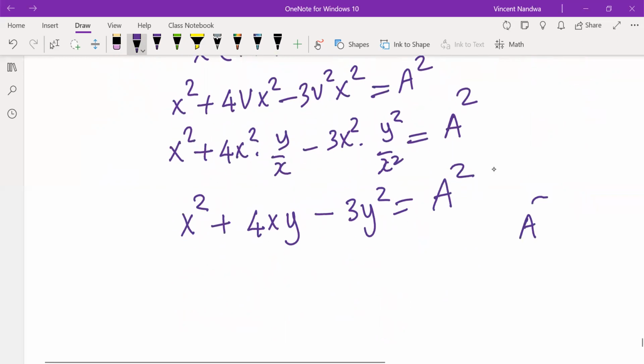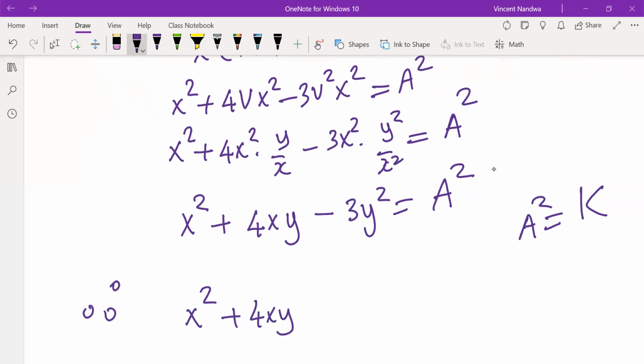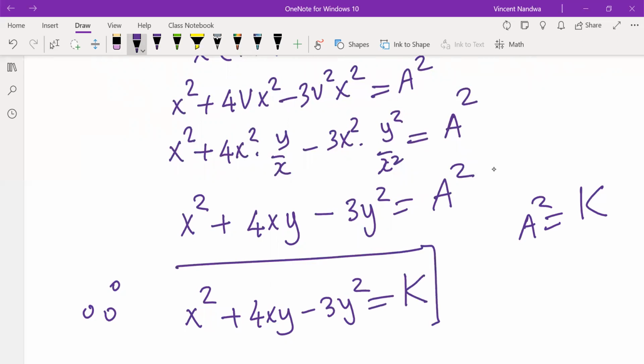Now, letting a² be just another constant, say k, we'll have x² + 4xy - 3y² equals k. This will be the final solution.